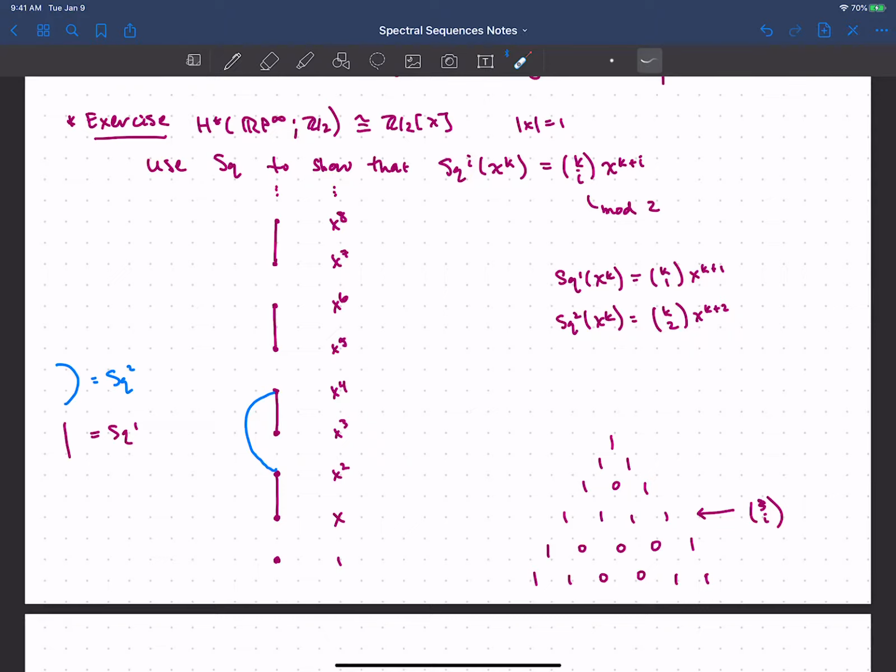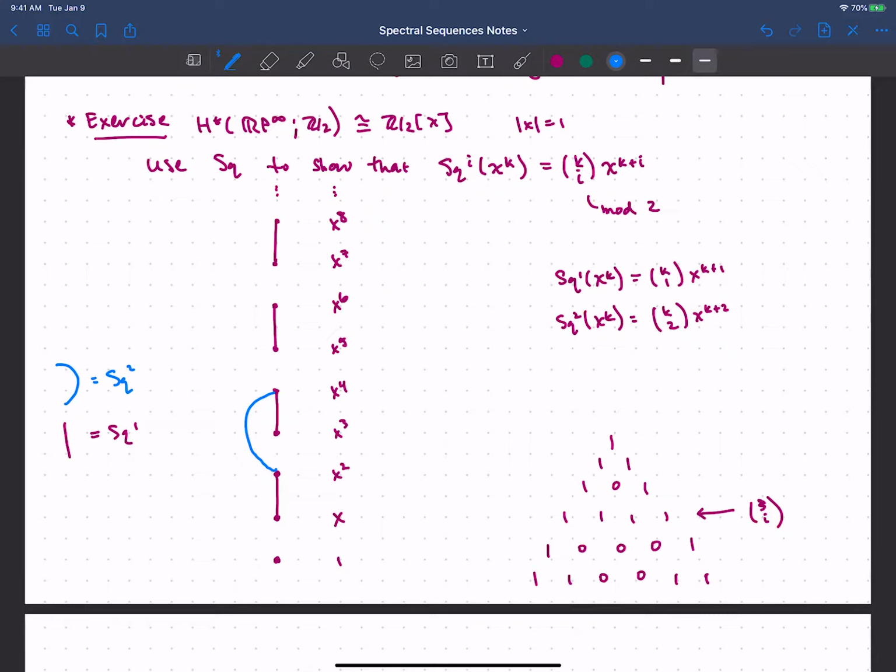Sorry, I should be looking at Sq^2 of x squared. So that's 2 choose 2, and 2 choose 2 is 1. Anything choose itself is 1. Whew, thought it was all messed up there for a moment. So good news, Sq^2 of x squared is indeed x to the 4th, and the formula agrees with that.